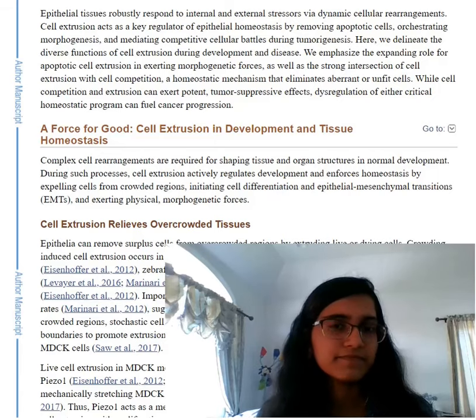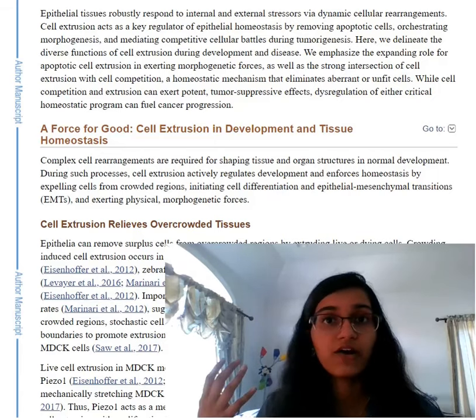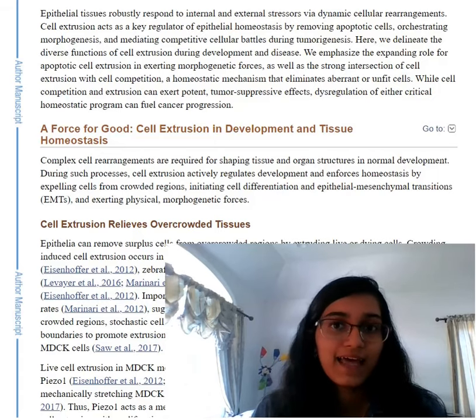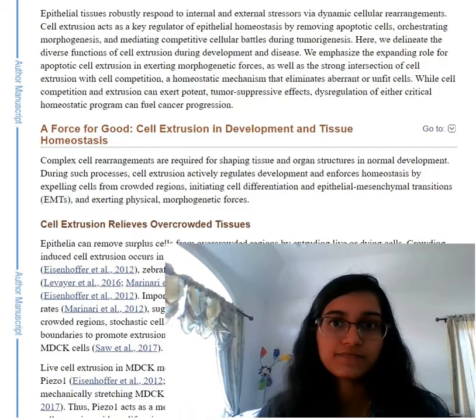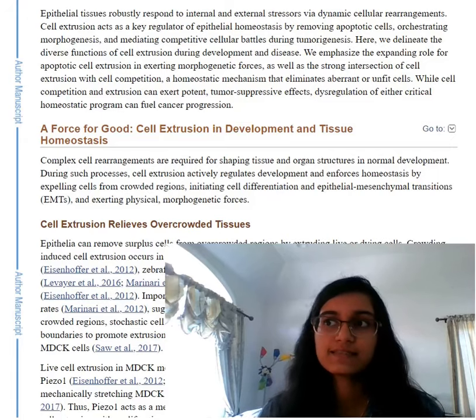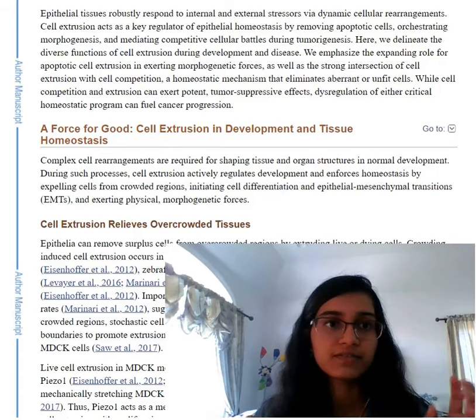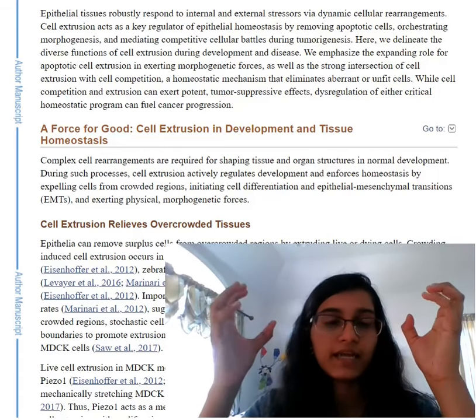So what does that mean? Well, apoptosis is essentially a form of cell death, so they just combust. And cell extrusion helps remove those cells. It also orchestrates morphogenesis. This is actually a pretty easy word to understand if you just split it up into 2 parts. Morpho is shape, and genesis is to create.